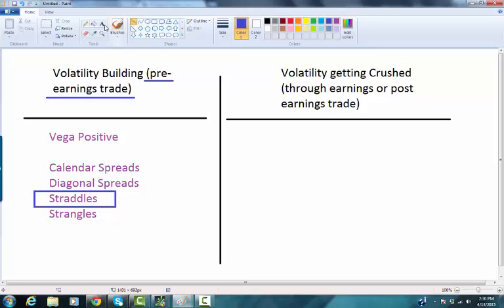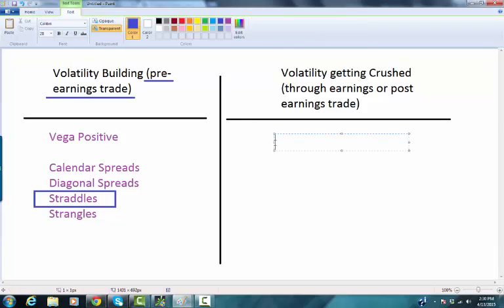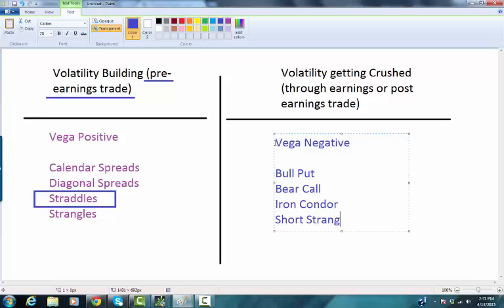Volatility getting crushed. Well, how can you do this? Well, you can use credit spreads, including, and by the way, this is a Vega negative trade, a bull put, a bear call, an iron condor, short strangle, just for my boy Dean Beckett, the big cat, who does some assistant shows over at Tackle Trading on Wednesdays for you pro members out there.